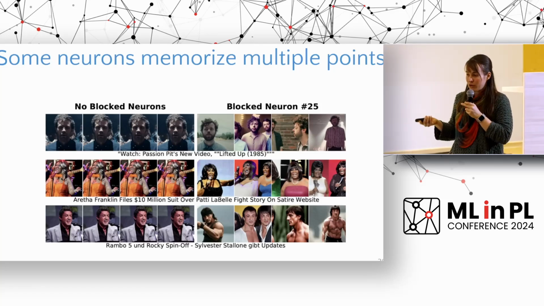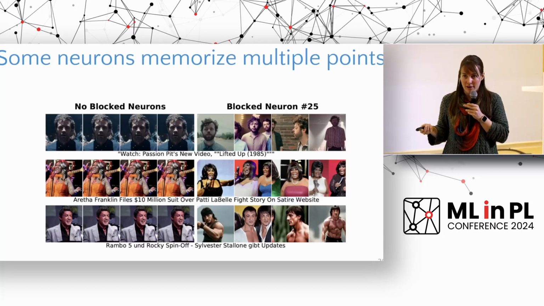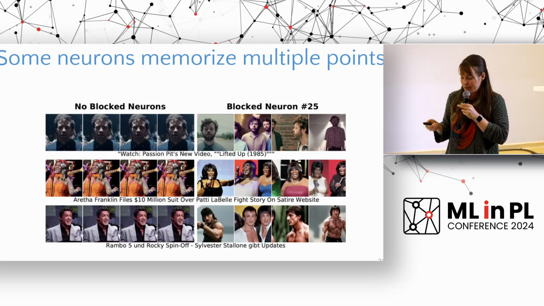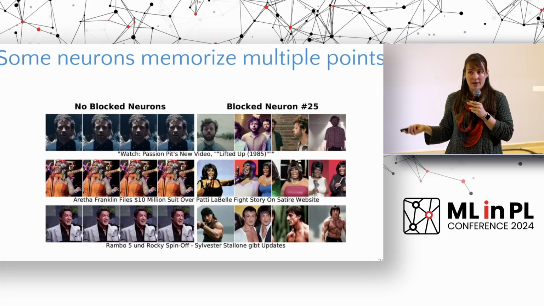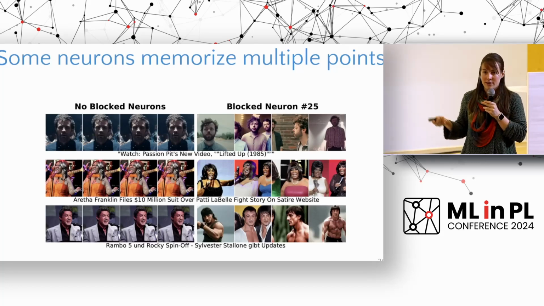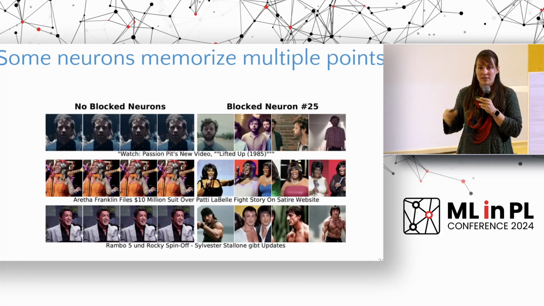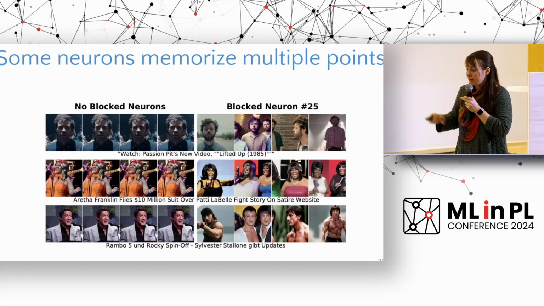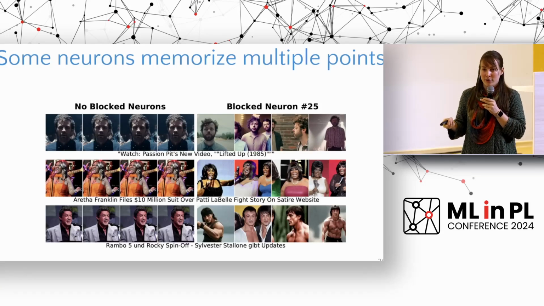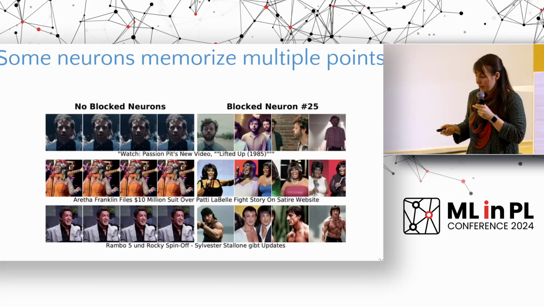For example, this neuron 25 here, I think it memorizes between 20 and 30 different data points out of our 500 prompts. If we block this one particular neuron, then memorization for all of them is gone at the same time. Looking into that a bit more qualitatively, we found that often the memorized things are from the same concept. Here, for example, I would say the concept is people. So this neuron is apparently only responsible for memorizing people.